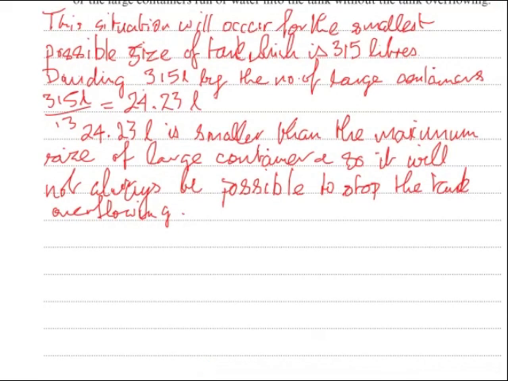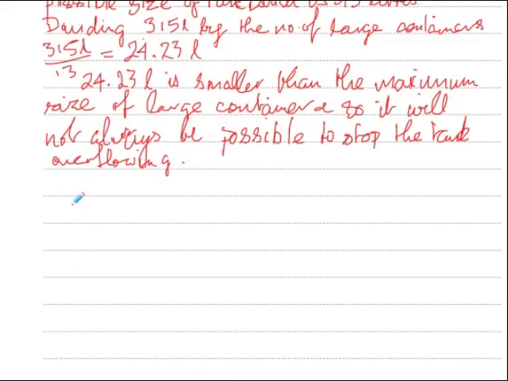You could have done this a different way. You could have said basically that you've got the size of your tank, which is 315 litres, the smallest size possible, and you could have divided that by the maximum size of container, which, as I said, is 24.4999 recurring.